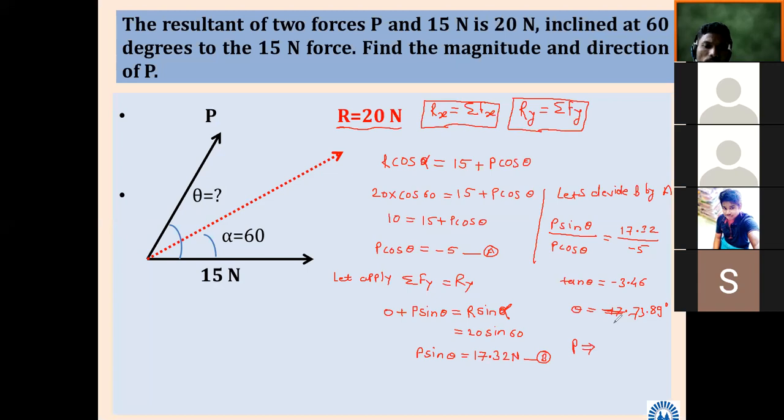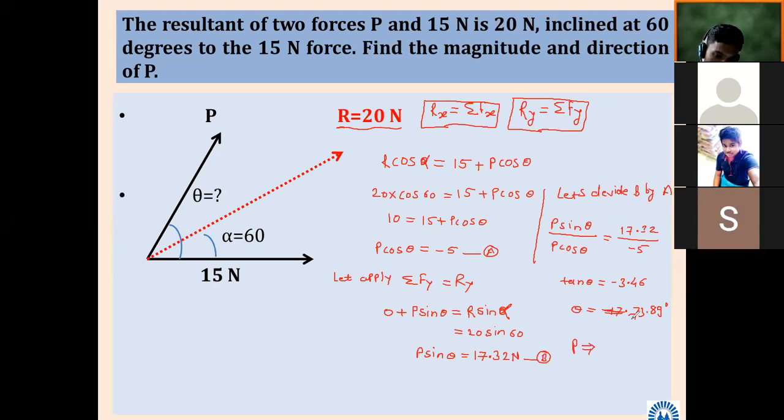Calculate the value of force P then. 18.01 is the correct answer.